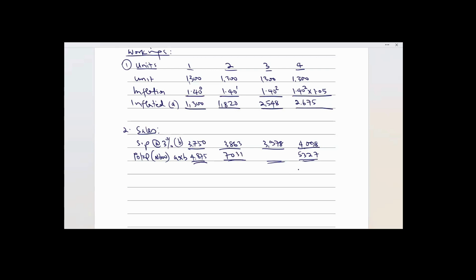That means year 4 is not correct; year 4 cannot be 5,327 if year 2 is 7,031. Let's redo it, please let's be fast. Year 4 is approximately 11,000. It's 10,962. Okay, leave it at 10,962. Okay then, year 3.